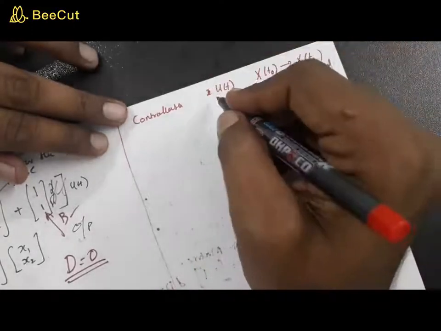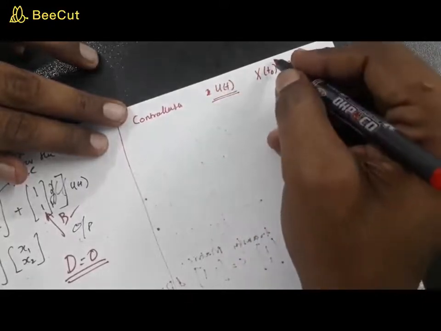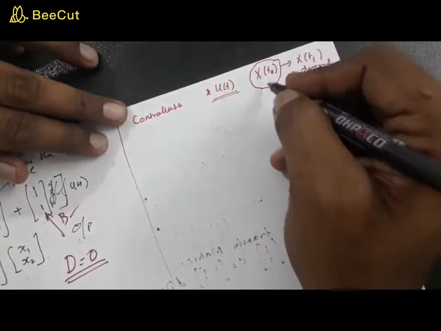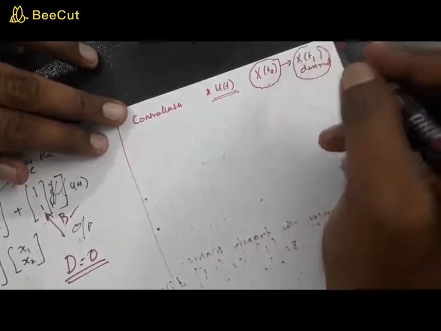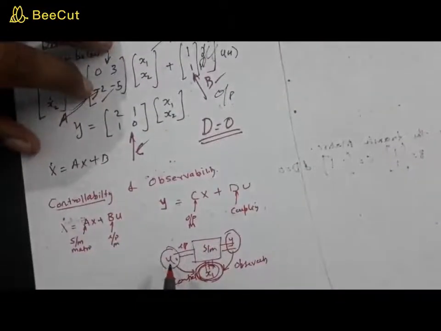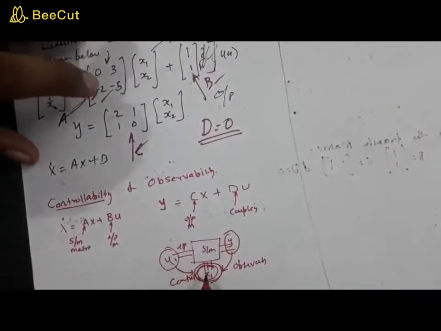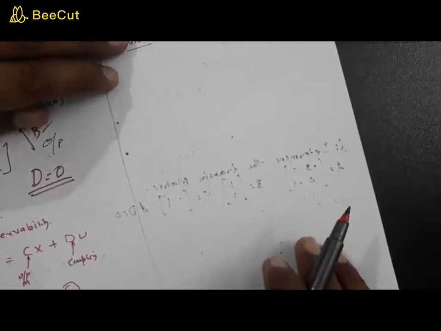So if there are some inputs which are capable of changing the initial state x of t0 to some other desired state, then that system is said to be controllable. That is the definition of controllability. By using the input, you can control the states. Such a system we call as the controllable system.